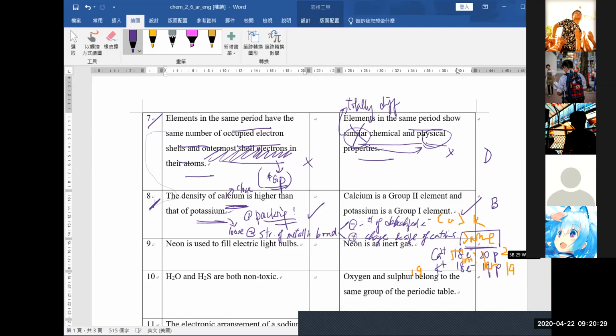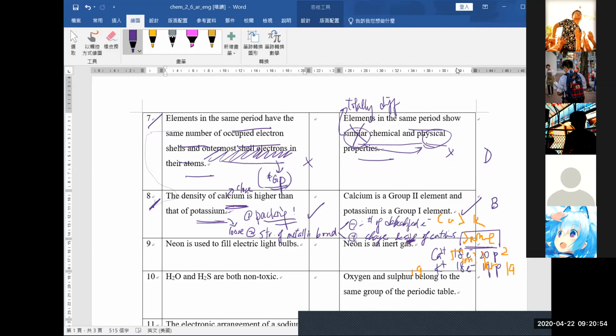So what's the point of me asking the number of electrons and protons? Now, why and how does it relate to the size of cation? Now, the charge, of course, you know that calcium ion has a higher charge than potassium ion. How about size of cations?